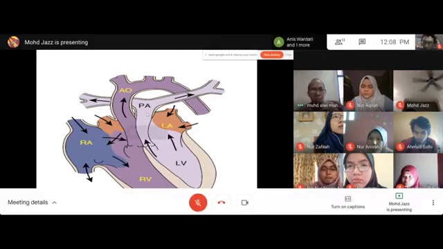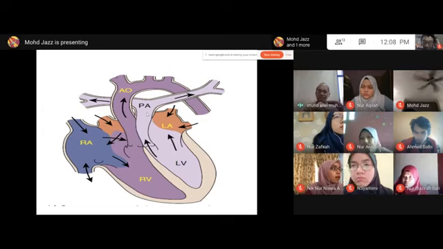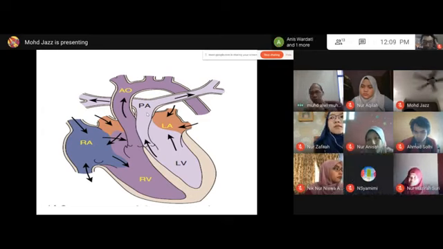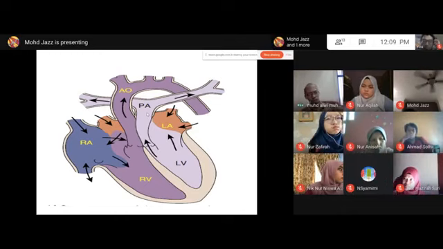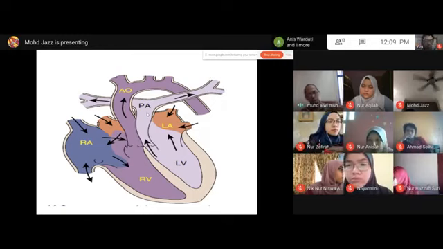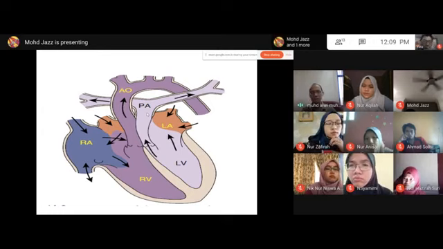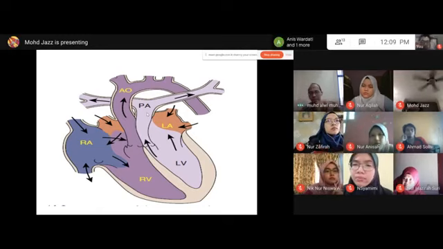Because the heart is not flat, it turns a bit. When you look at the X-ray, the top of the heart is actually the RV.